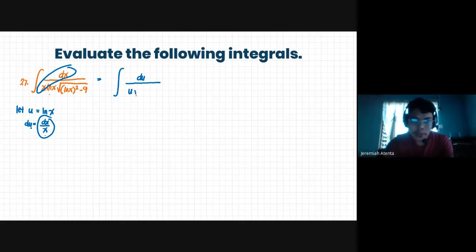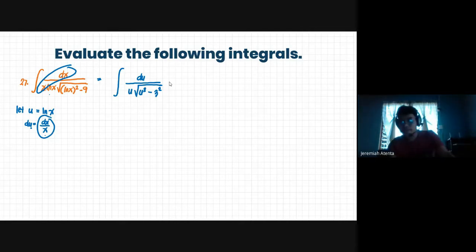ln x is u. When we have square root of (ln x) squared minus 9, it can be written as u squared minus 3 squared. Now, what form are we going to use? Is it the first one, second one, or the third one? Ano yung may u times the square root? Yeah, the third one. Very good.